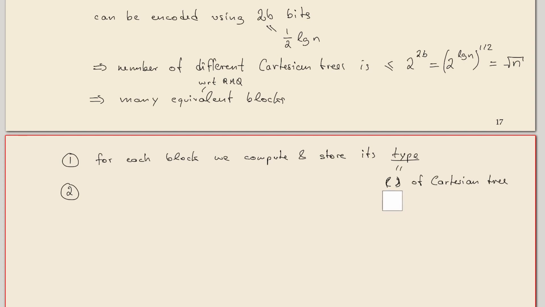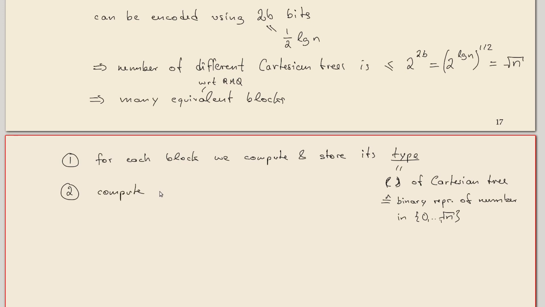So I can write this, that represents a number in binary. And that number is in the range 0 up to square root n, because there's only so many different Cartesian trees.